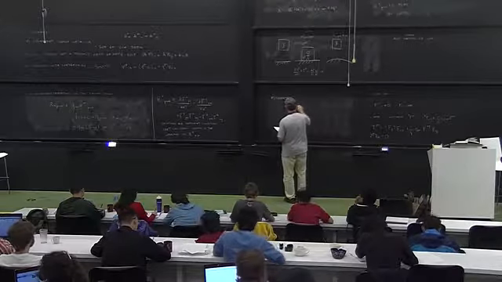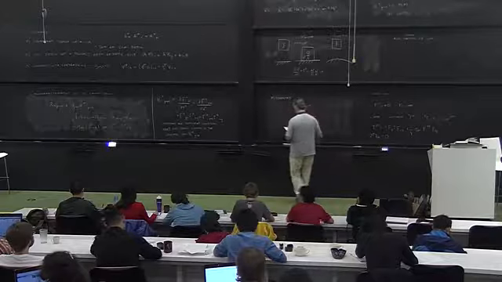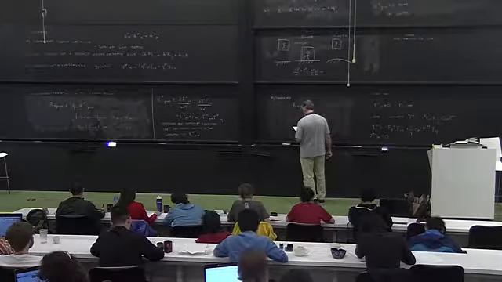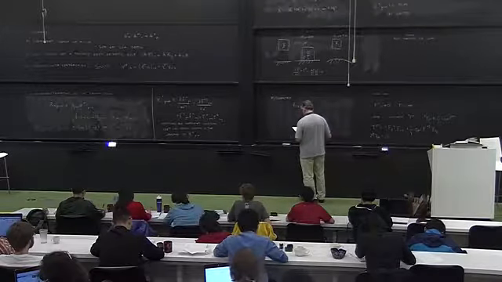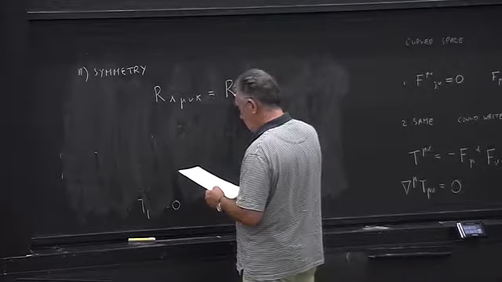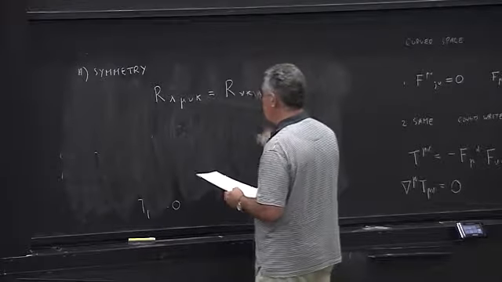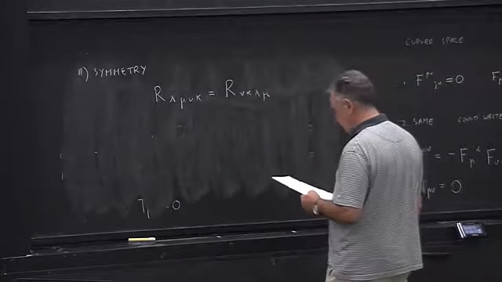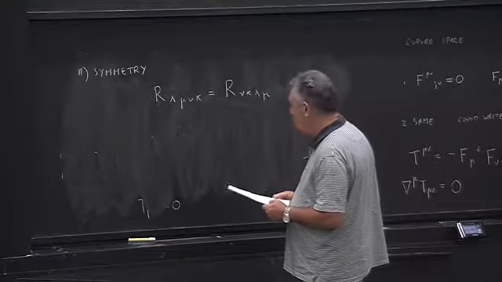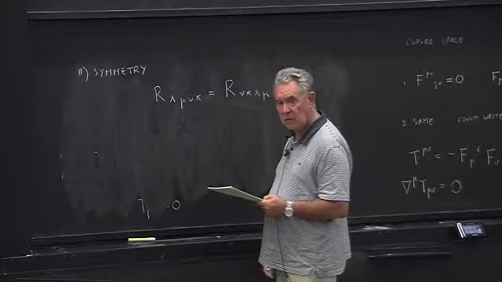So Riemann with 4 indices, if we interchange the indices like this, we get back to where we started. So we've taken the first two and we've swapped them for the second two.